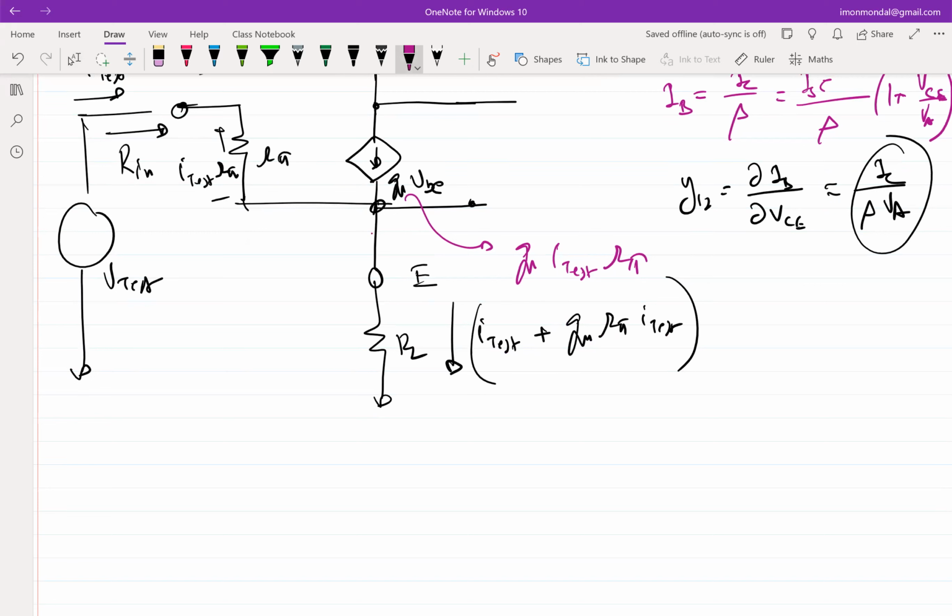So if I write the KVL in this loop, V test is equal to I test r pi plus this times RL.